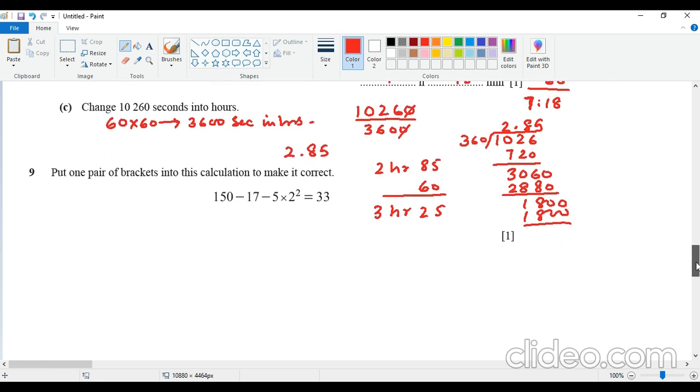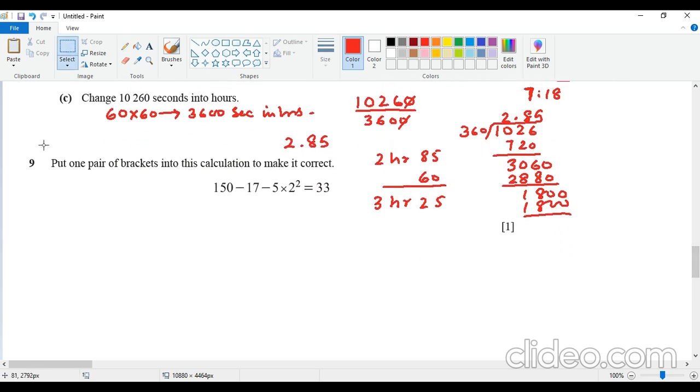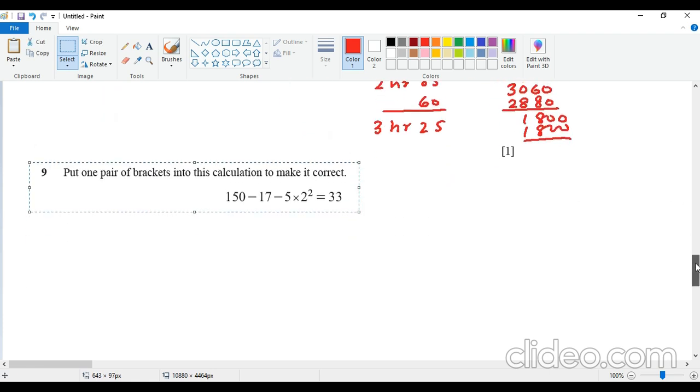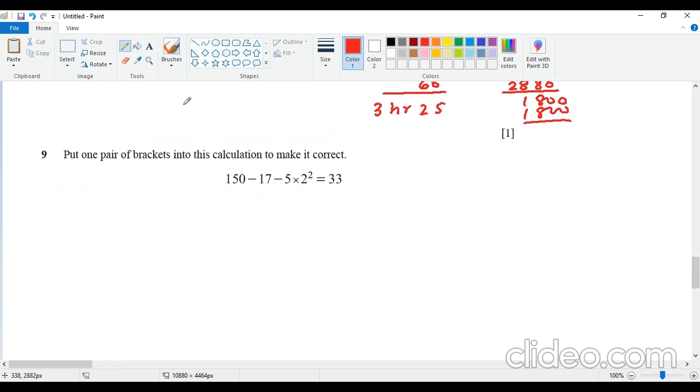Now comes question number 9. We know very well that this is 150, so we need to have a value which is around 100 to be subtracted from 150 to make it a 33. So the best way is this way.